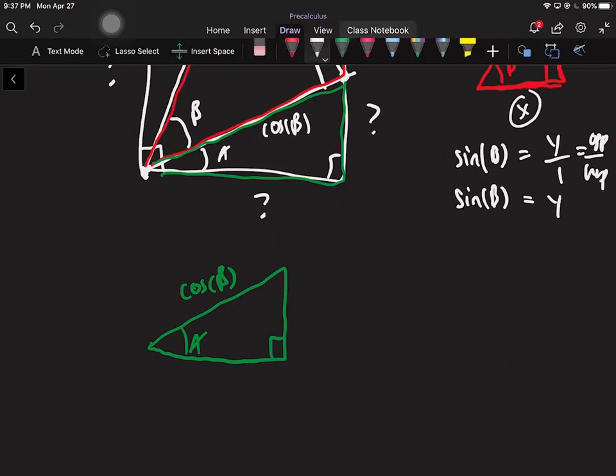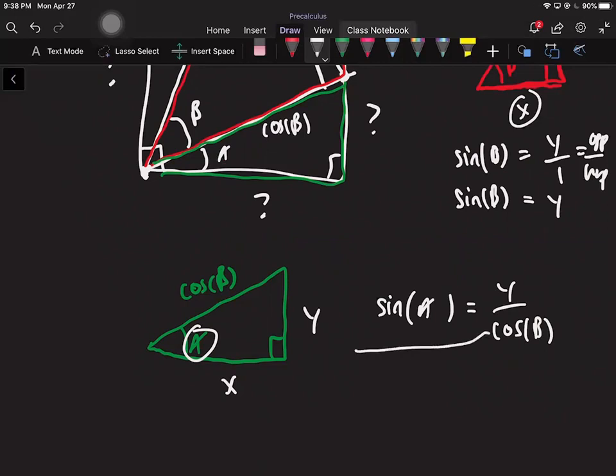So what is this thing going to be, and what's this thing going to be? What are these missing sides going to be? Well, I can use the same idea as before, which is I know that sine of the angle facing it, which is alpha, is opposite over hypotenuse.